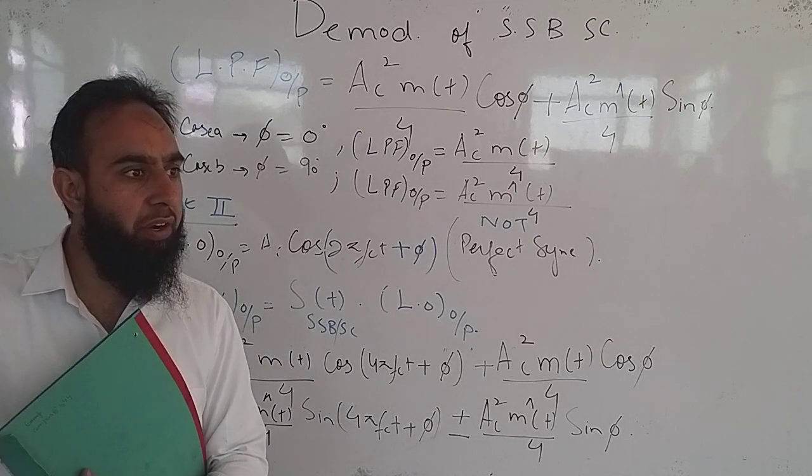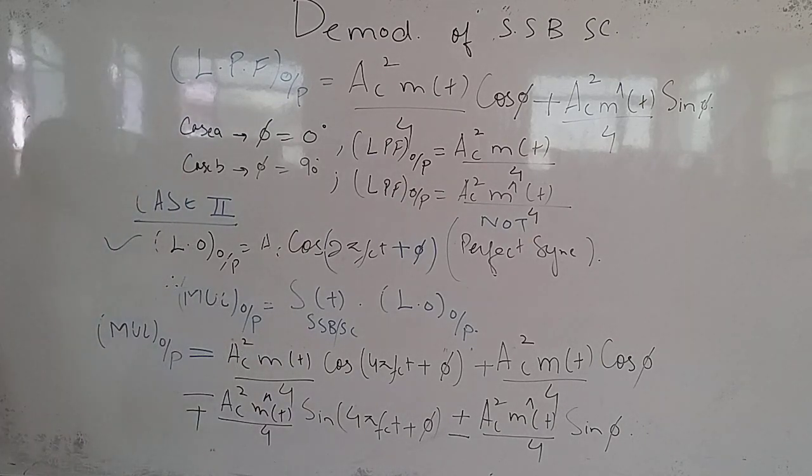The output becomes zero. Quadrature null effect. When the angle is 90, the output used to go to zero. Quadrature null. Right.